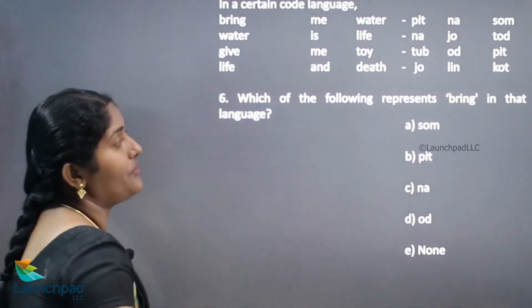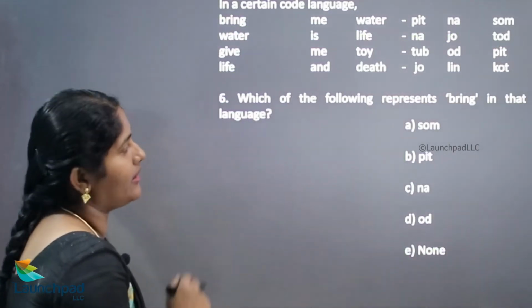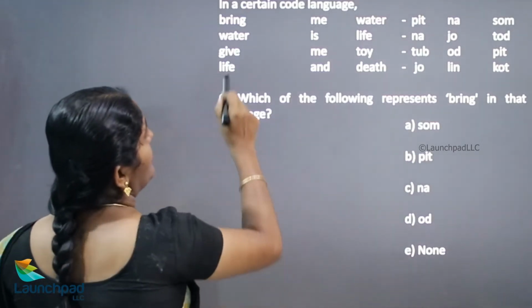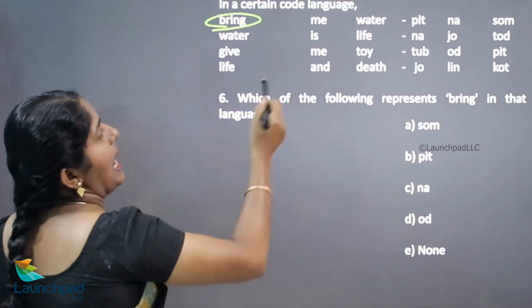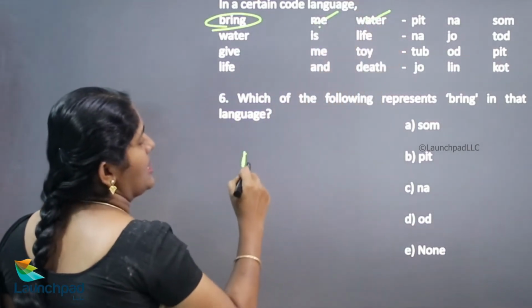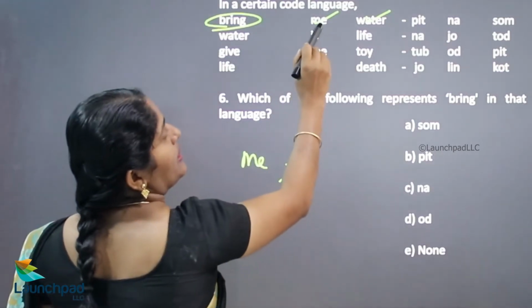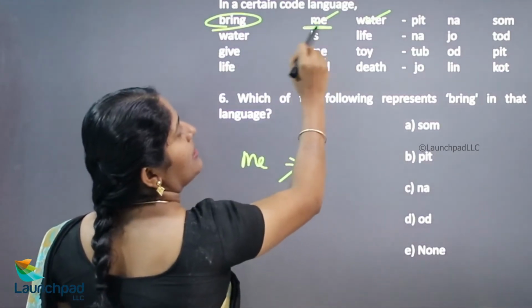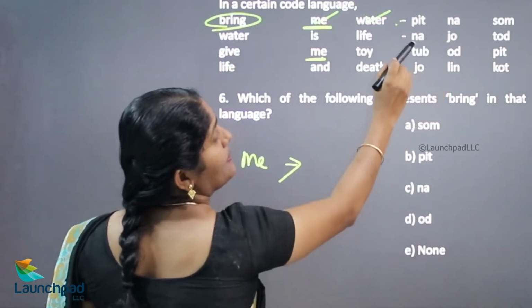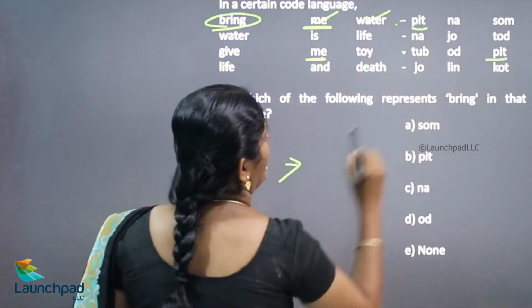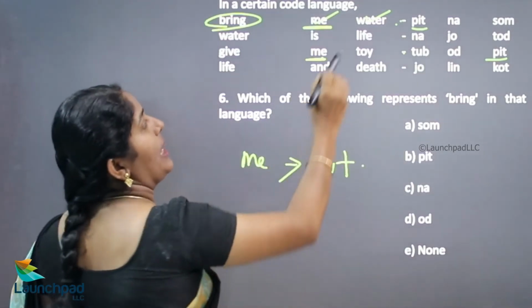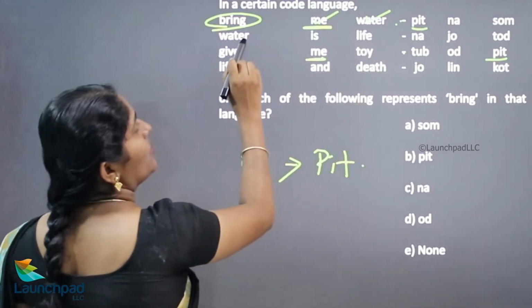Which of the following represents "bring" in that language? Where is the word bring available? Yes, here. After that, me, water. First of all, we want to find out the code for me. Me is available here and here. Corresponding sentence NASOM, PIT. PIT is the common for me. Now water is available here and here.